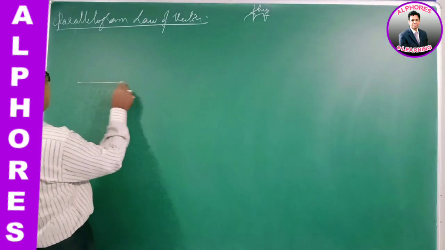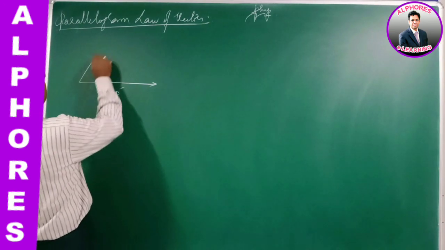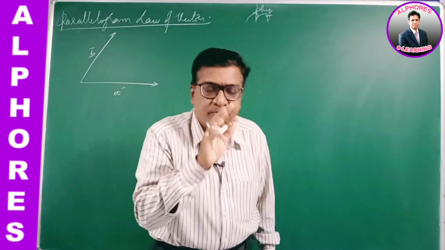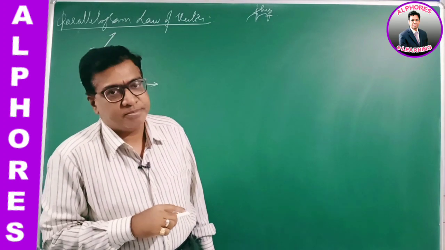According to the parallelogram law, when you are adding vectors, the vectors must be of the same physical quantity. They should have the same units.